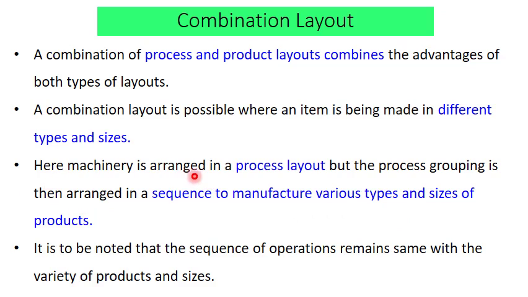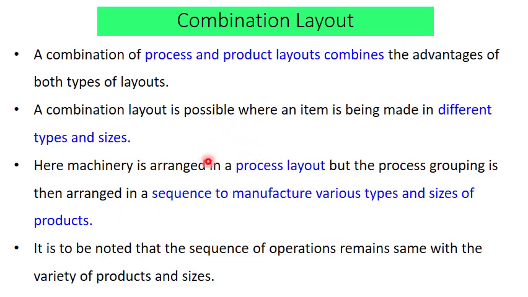You see this sentence: the machinery is arranged in process layouts, that is, similar purpose machines are arranged in one location, but the process grouping is then arranged in a sequence, that means in a product layout type, in order to get various types and sizes of the product.